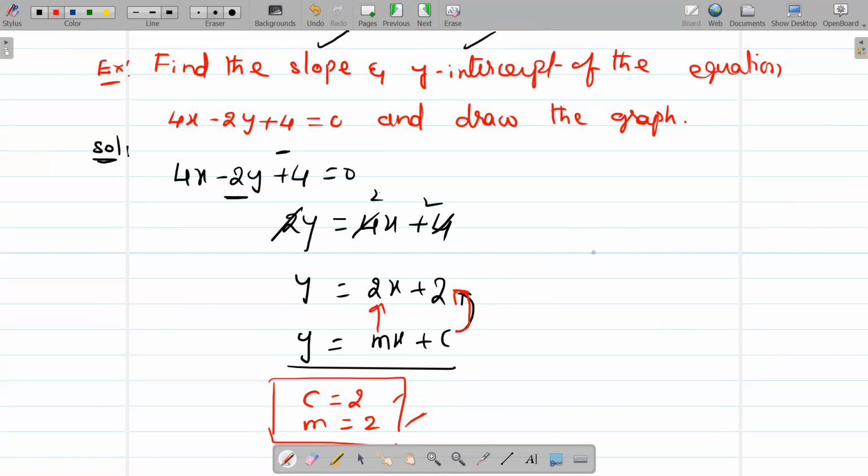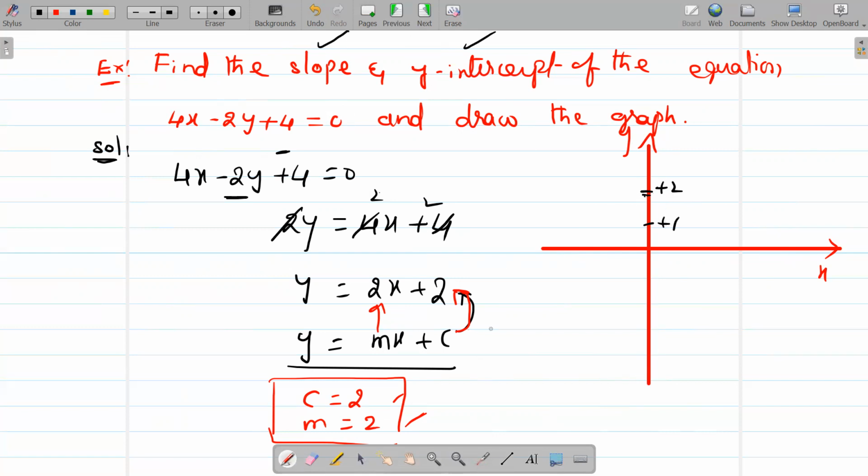And how to draw the graph? You can take a horizontal and a vertical axis. Let us say this is the horizontal axis and this is the vertical axis. As c is the y-intercept and it is positive, on the positive y-axis we mark plus 1, plus 2.